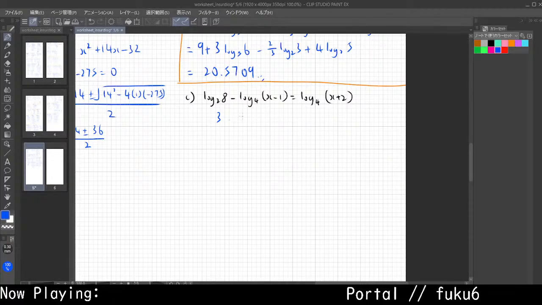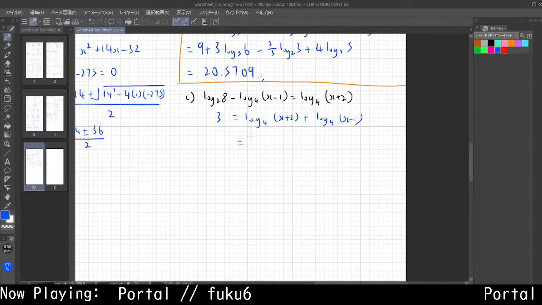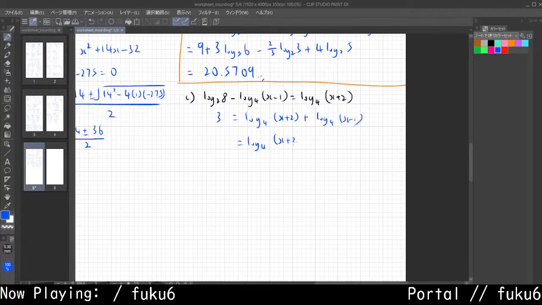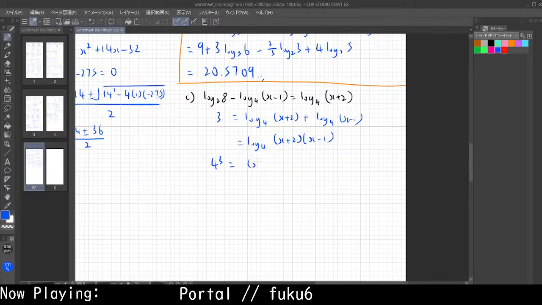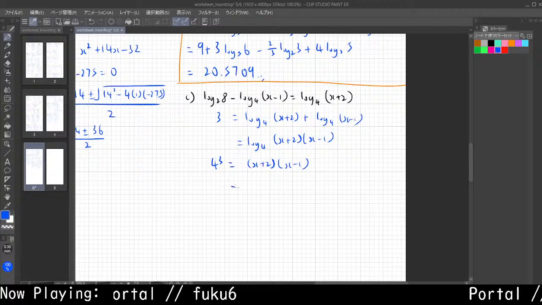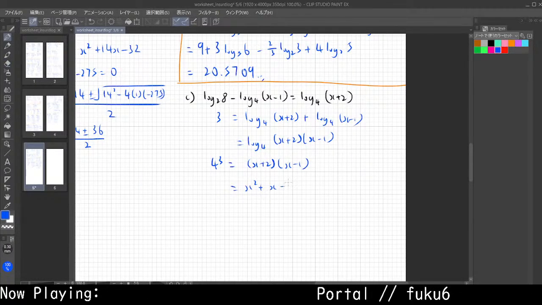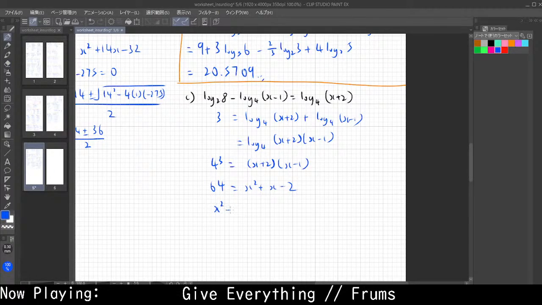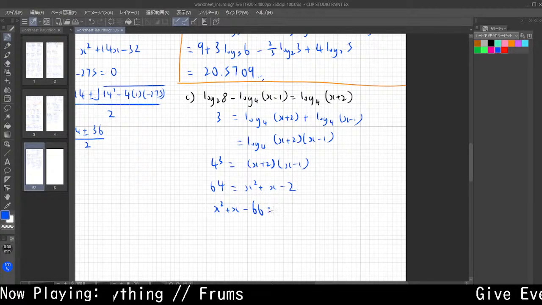So log base 8 is just 3, you should know this right now. Now for x plus 2 and x minus 1, plus becomes multiply, same base combine together. Change bases, power 3 equals x plus 2 times x minus 1. 4 to the power 3 is 64, so x squared plus x minus 2 minus 64, minus 66 equals 0.